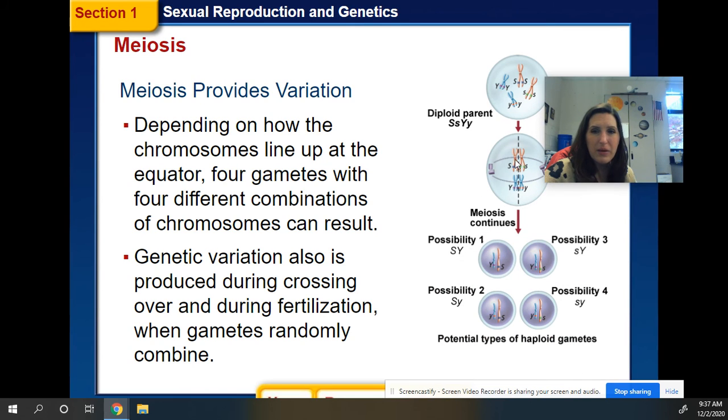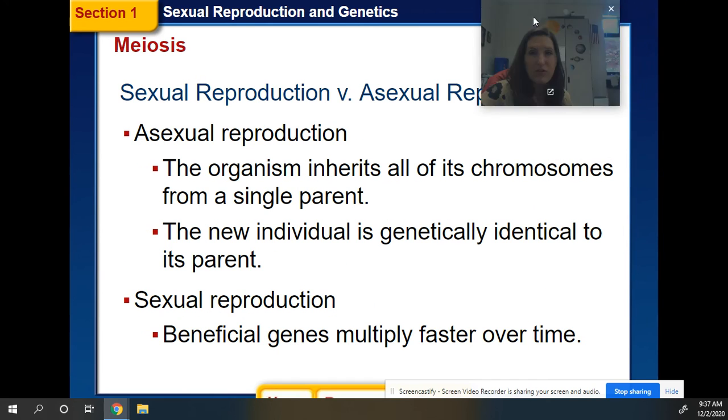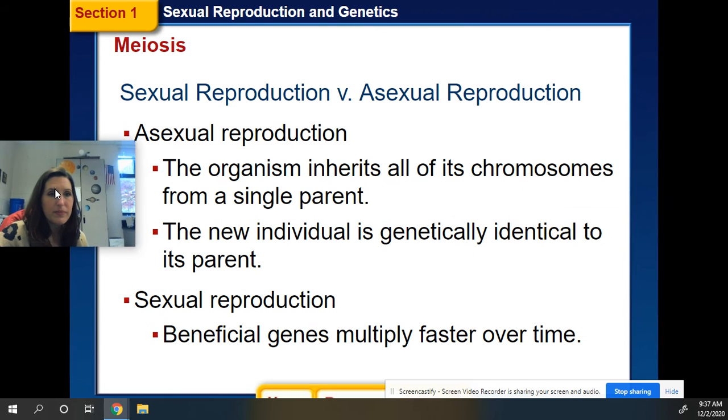So how they line up here, is it mom, where are they at, who goes to one side, and where crossing over happens. All of that can give us variation. And then which one of these eggs is the one that gets fertilized, or which one of the sperm gets fertilized. It's all a lot of randomness to give us variation.